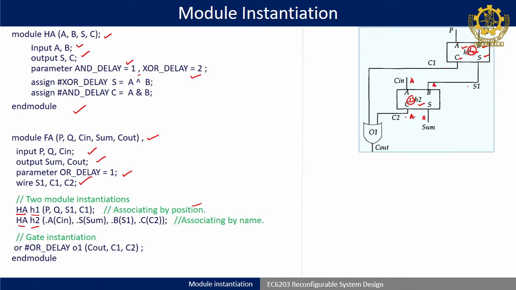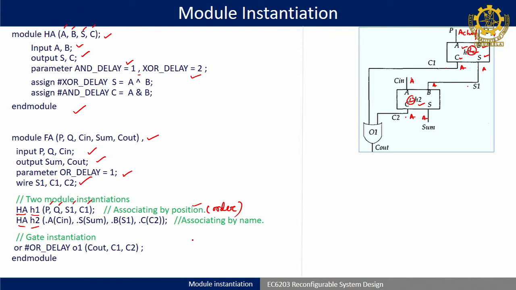So, A is connected to actual P. Here I am writing S for the actual transfer. The order here is A, B, S, C. So, A is connected to P, then in order next B is connected to Q, then S is connected to S1 and C is connected to C1. So, order has to be maintained properly while you are doing positional association.